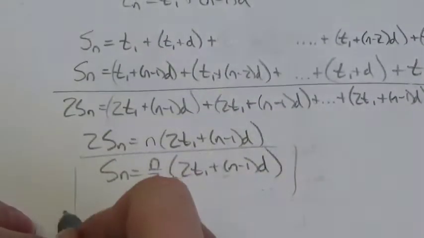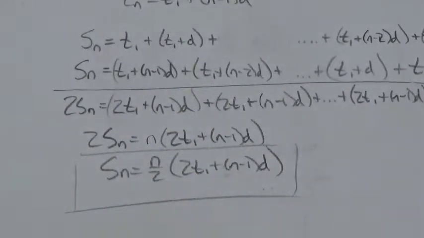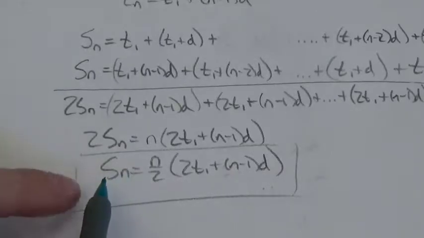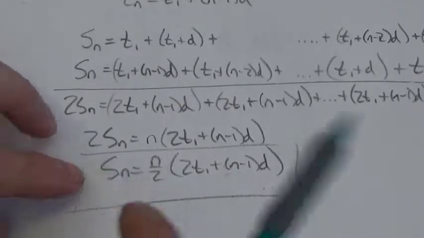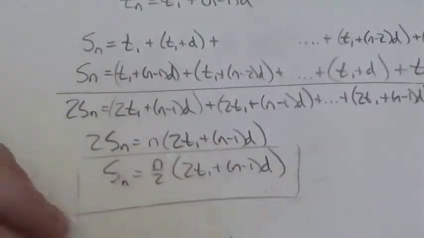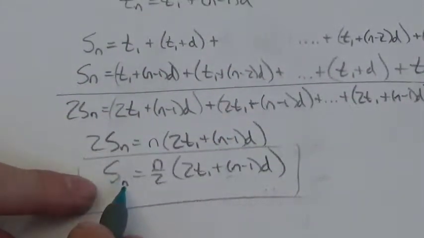And right here, that expression right there allows us to find the sum of the first n terms. Now, this is not S times n. This is supposed to be S subscript n. Okay? To tell us that we're finding the sum of the first n terms.